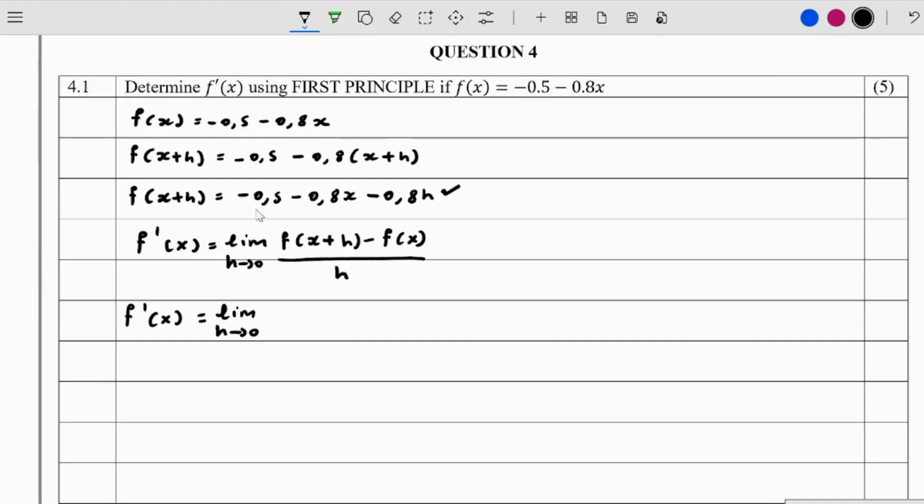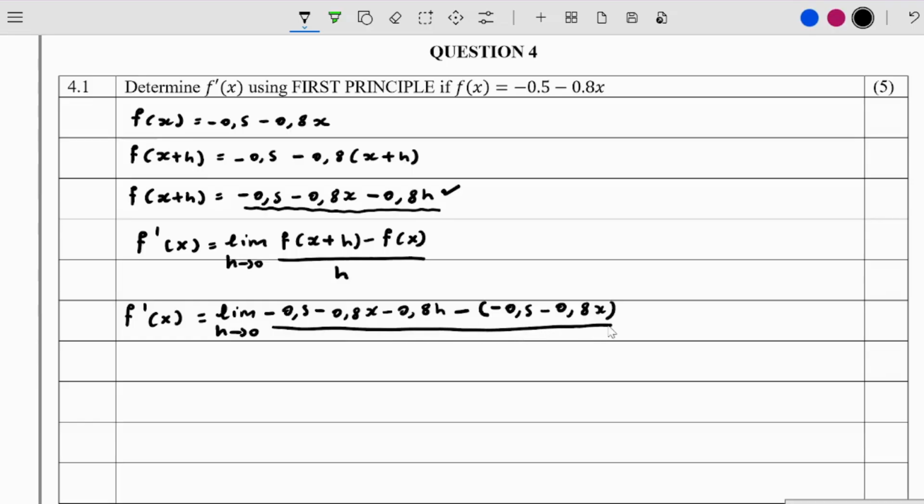So your f prime of x is equal to the limit of h approaching 0. Your f of x plus h is this one here that you just created. So you take it as it is and then you substitute: -0,5, -0,8x, -0,8h. Put the brackets, minus, put the brackets so that you do not get your signs wrong. -0,5 minus 0,8x. Close the brackets there, and then you divide everything here by h.